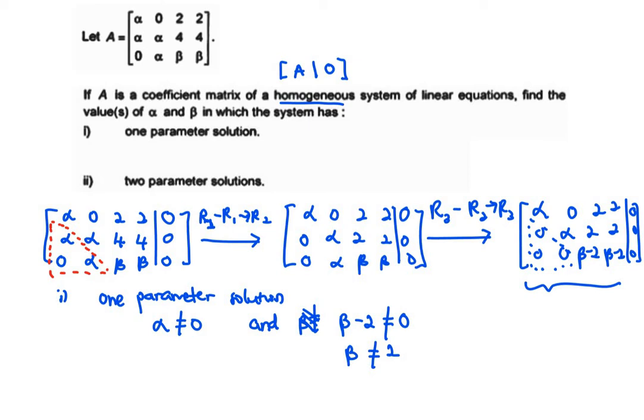So when you plug in this solution in the last row, you will get alpha not equal to 0. So let's say you make alpha equal to 1, and beta is not equal to 2, so you can also make it 1. We try to plug in the values.